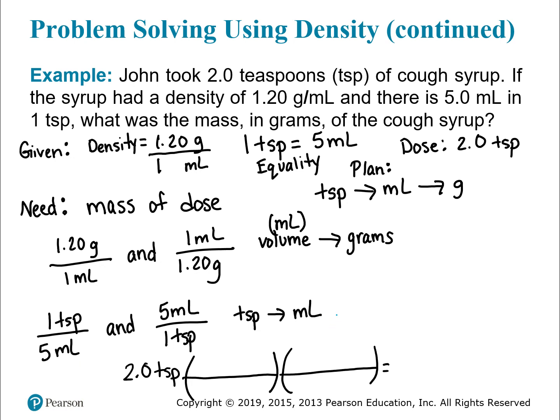We want to get rid of the teaspoons, so that's got to be in the bottom, and we have our milliliters at the top. So let's fill that in. Next, we need to go from those milliliters to grams, and for that we're going to use our density as a conversion factor, and we have to choose the one that's going to get rid of milliliters and leave us with grams as our final unit. And that's going to be the one with grams on the top.